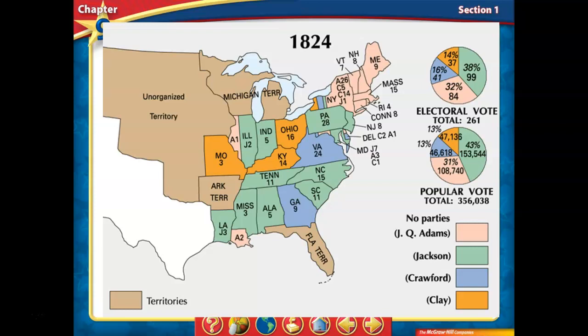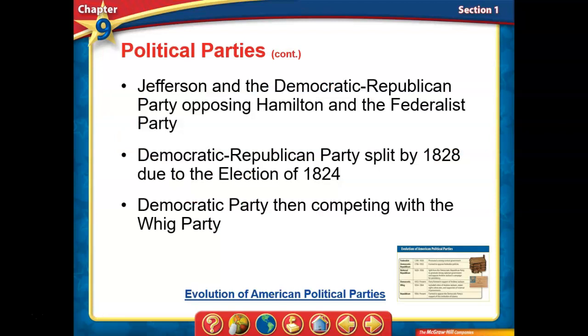Andrew Jackson is the modern-day creator of the Democratic Party. And I can't remember exactly the quote, but it was something along the lines of, "I swear to God, I will never see John Quincy Adams win re-election." So, I mean, that doesn't mean he thought he was going to die. He was willing to do absolutely anything he could to prevent Adams from winning in 1828. And then in 1828, Andrew Jackson wins, and then we get the two-party system.